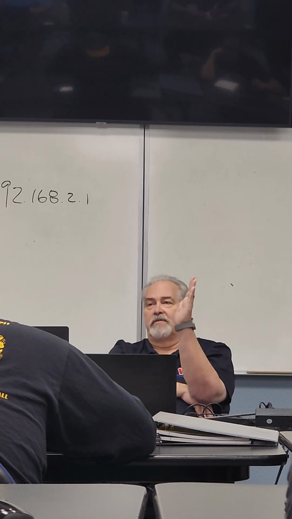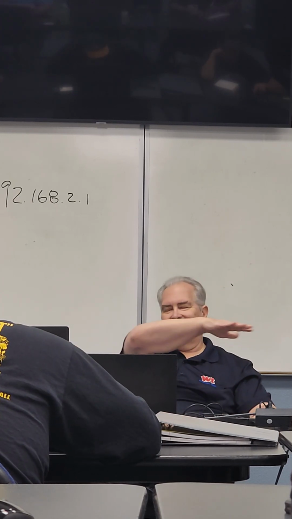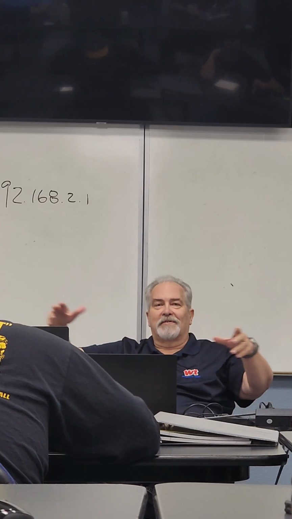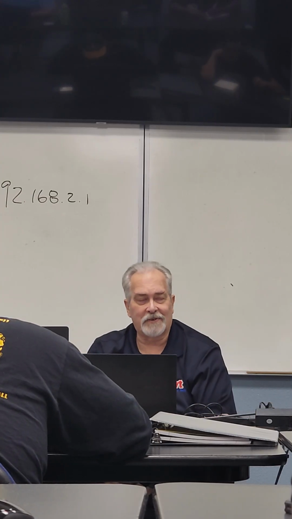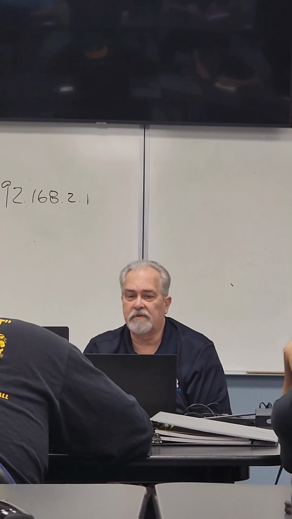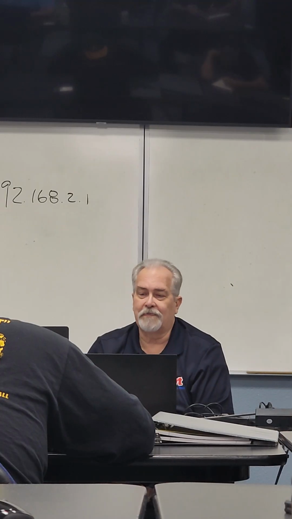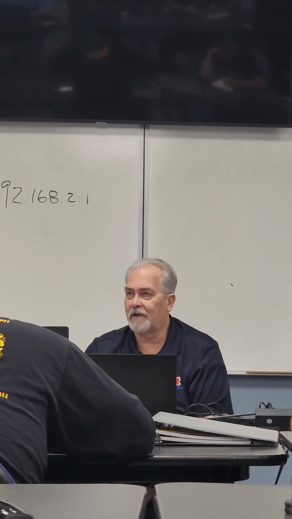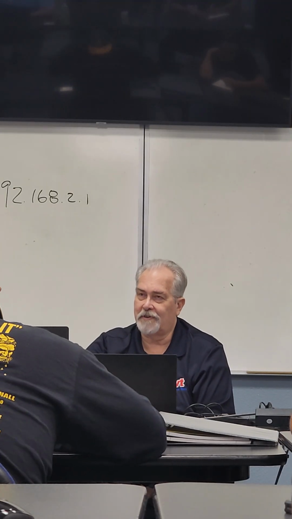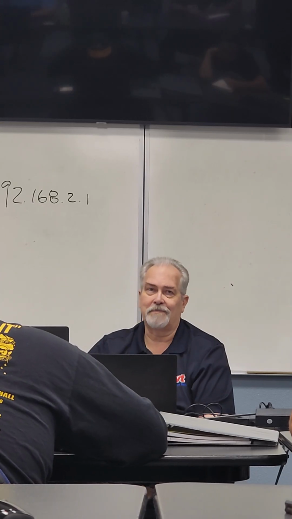That's horizontal. How can I do it vertically? Vertical alignment. If there's left, center, and right horizontally, vertically there has to be top, middle, and bottom.